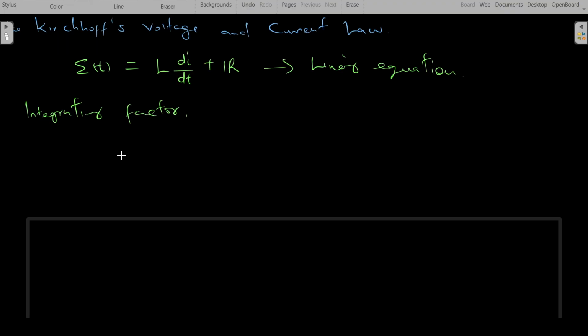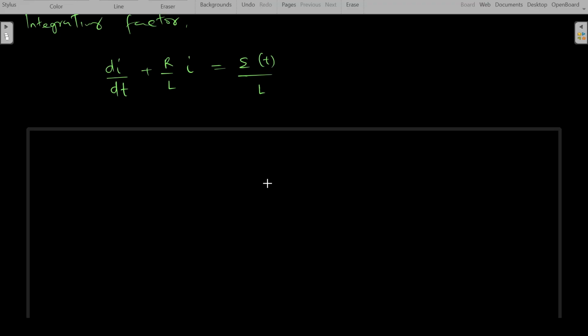So we get di upon dt. I'll divide by L at this point, and divide by L at this point. So I should get plus R over L I should equal E as a function of T upon L. At this point we have transformed that differential equation to the form which we want to operate with.